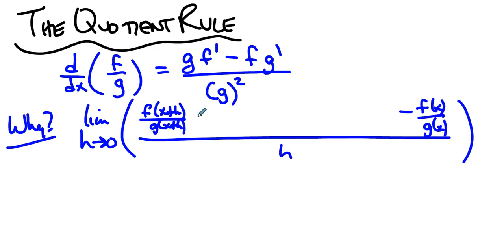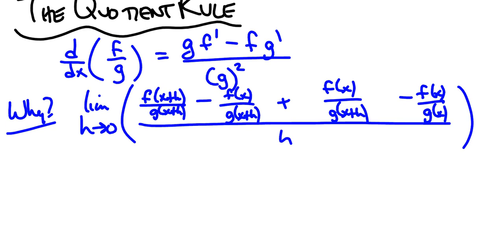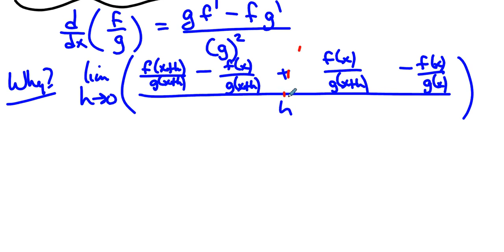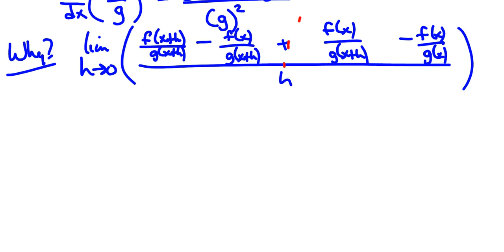The minus plus deal is going to be minus f of x over g of x plus h, plus f of x over g of x plus h. We subtract and add, so we hold the value. And we're going to break this up right down the middle.